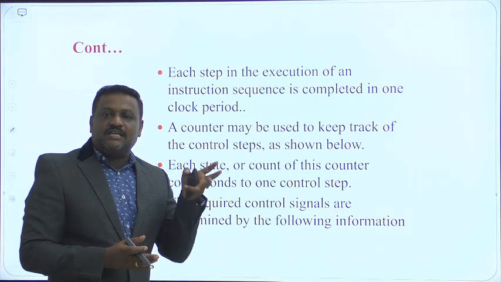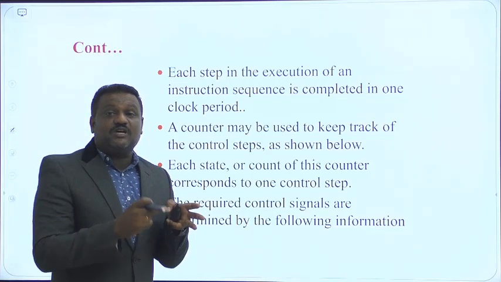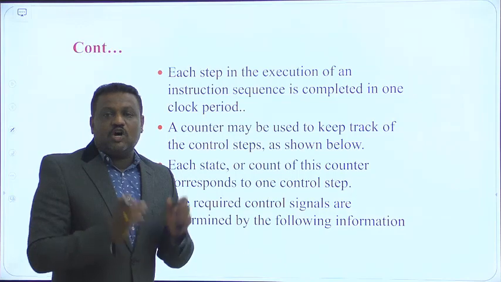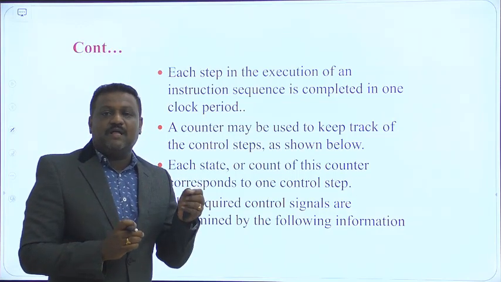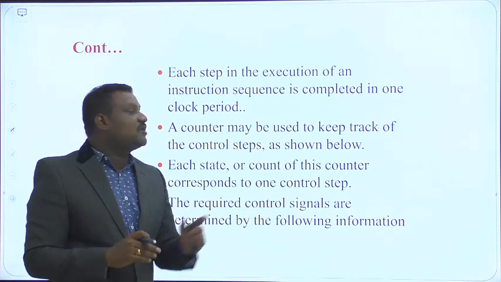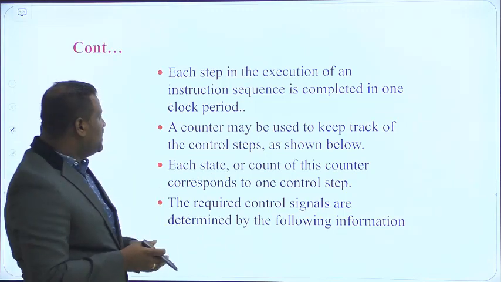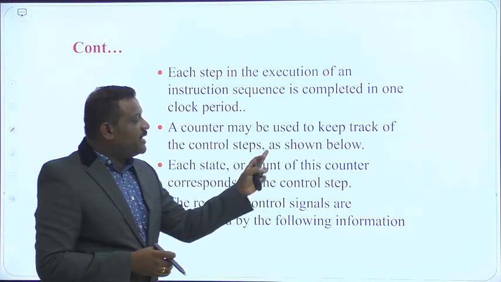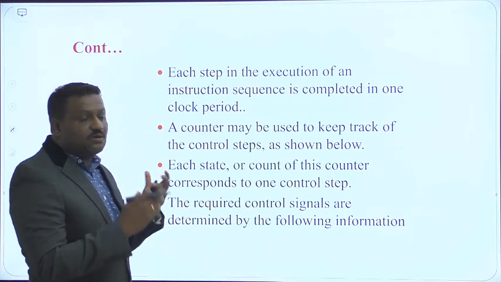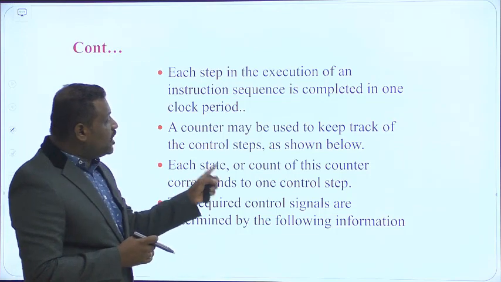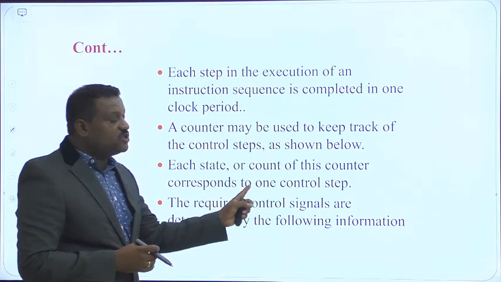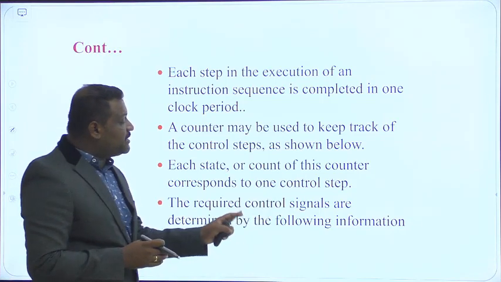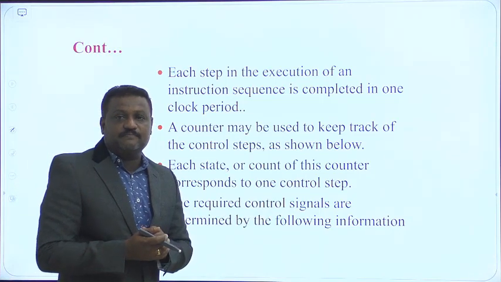That means here there are 3 steps. These 3 steps are performed at 3 different time instants. That means the operations performed in a single step must finish in a single clock cycle. That's the meaning of this. And next, a counter may be used to keep track of the control steps, as shown below. Each state or count of this counter corresponds to one control step. The required control signals are determined by the following information.